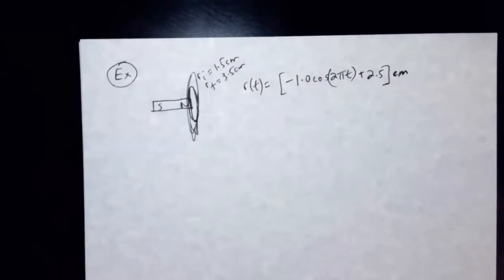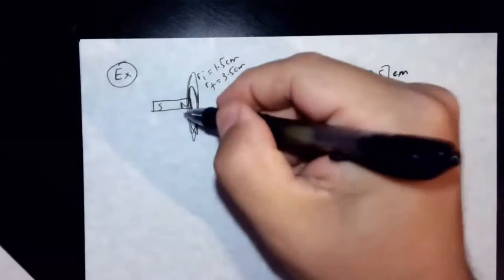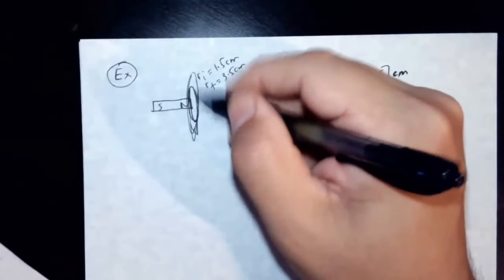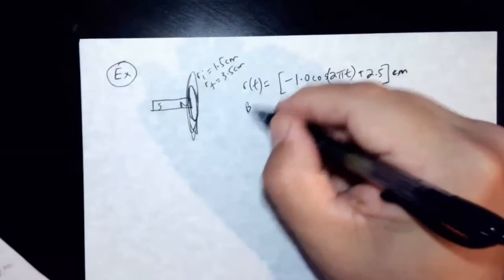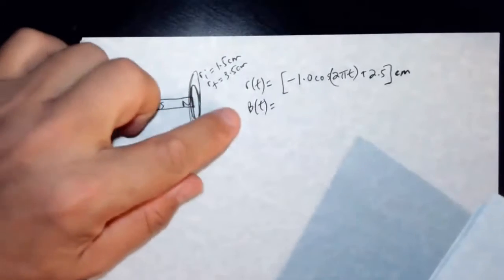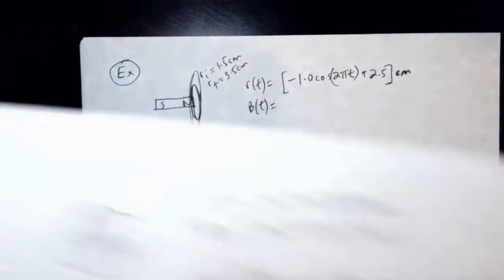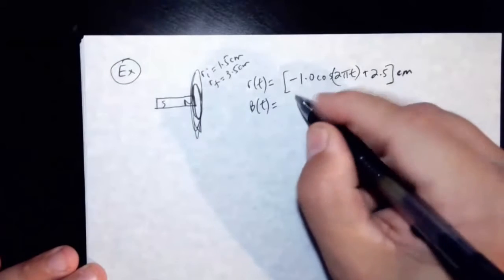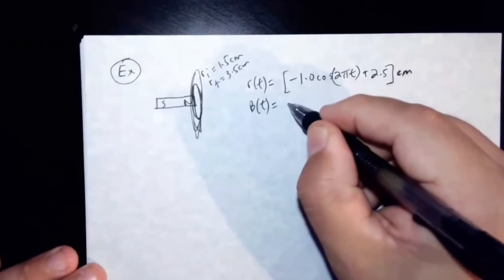Okay, so now I want to do another thing. Let's say while that's happening, I'm changing the magnetic field in some weird way. So let's say the magnetic field of the magnet, I'm increasing it in some kind of random fashion. Let's say something like this.